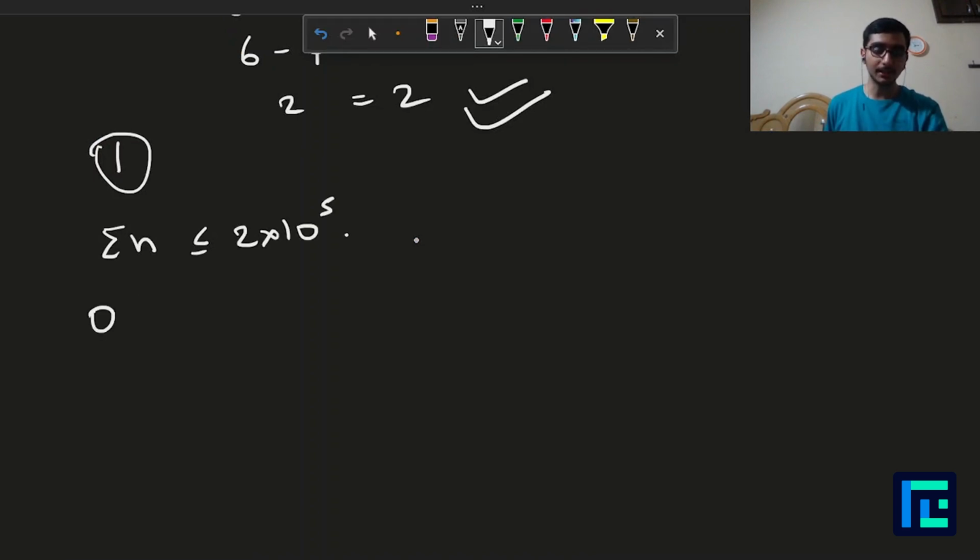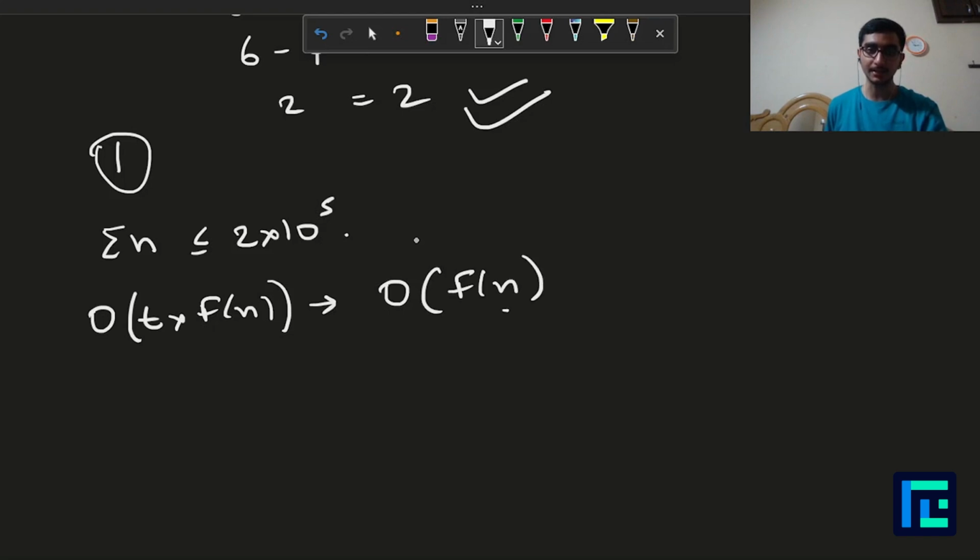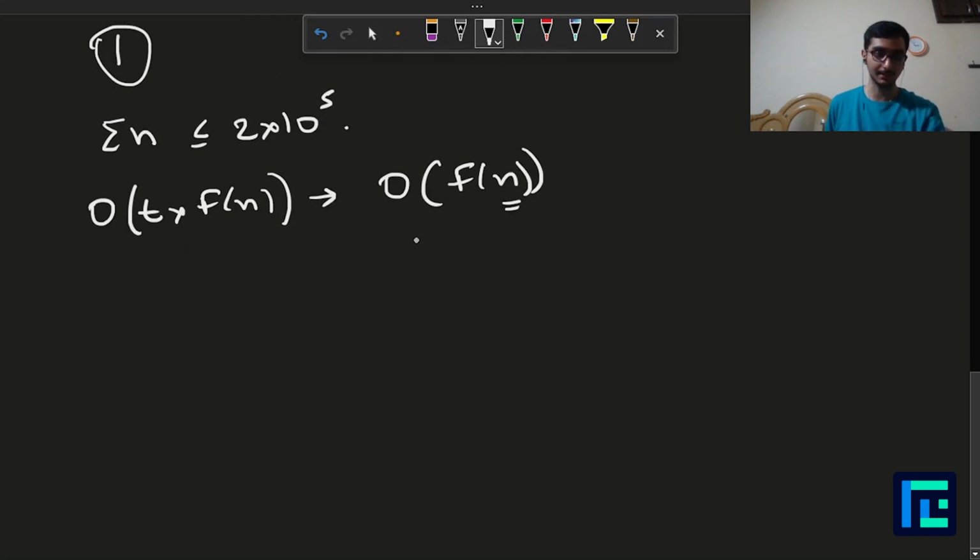So instead of writing our time complexity of the form t times some function of n, we would write it as O of f of n, because n itself has a bound over all test cases. So let's see. First of all, we need to know what is the upper limit of the number of operations, right? So on Codeforces, this value is around 10 power 8. That means we can run approximately 10 power 8 elementary operations in 1 second.